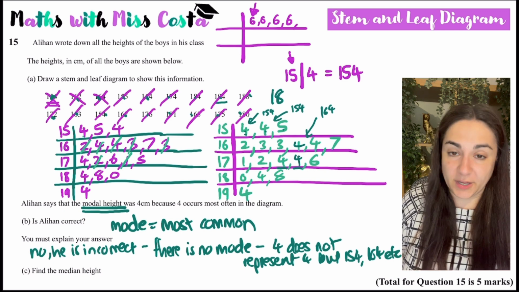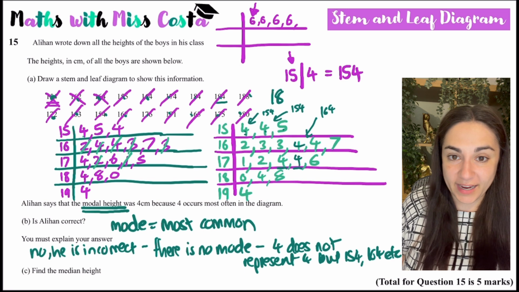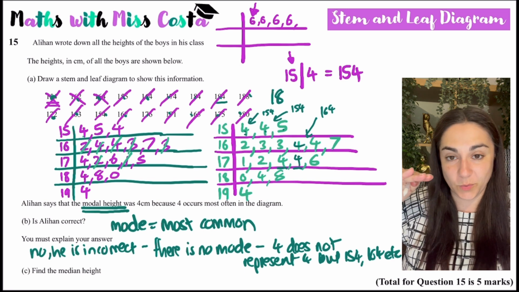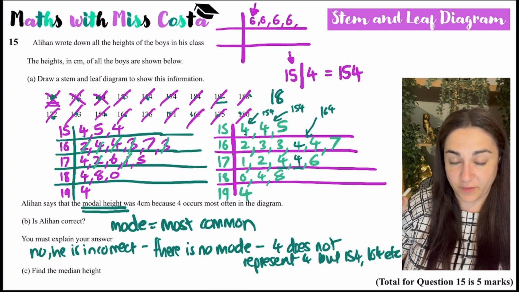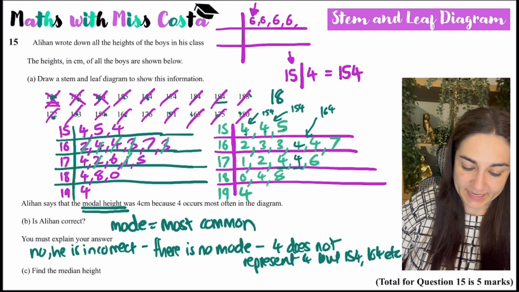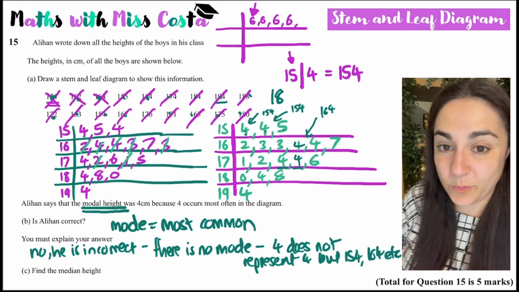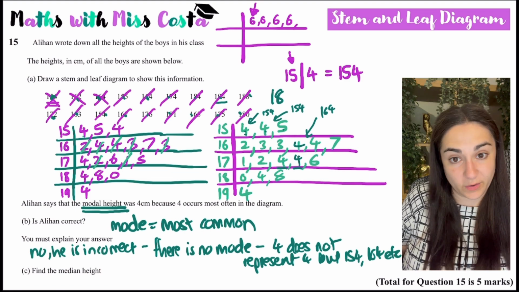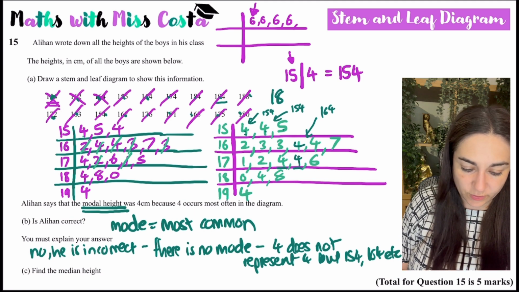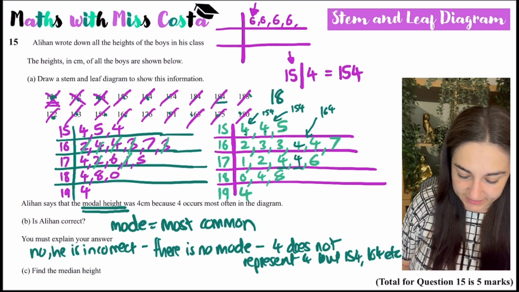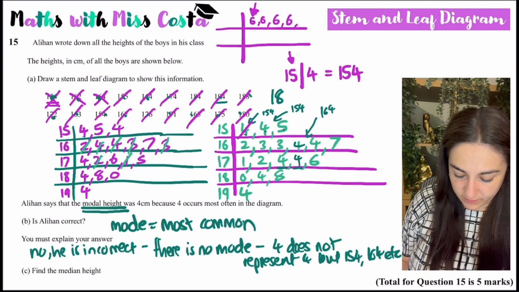Okay, next I need to work out the median height. Now, to work out the median, you put all your numbers in order, and then you find the middle number. So on a stem and leaf diagram, the way we can work out the median is we've already ordered them and we just cross them out from the smallest to the largest. So we'd go 1, 2, 1, 2, 1, 2, 1, 2.